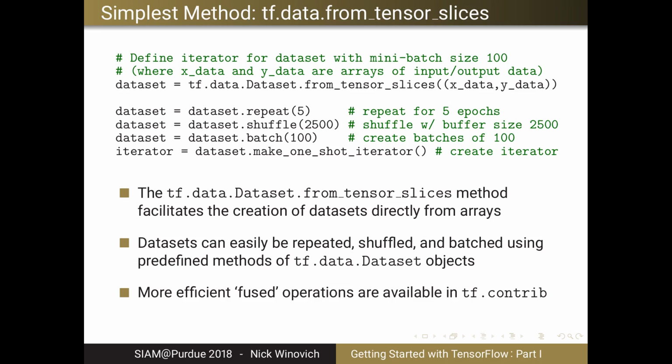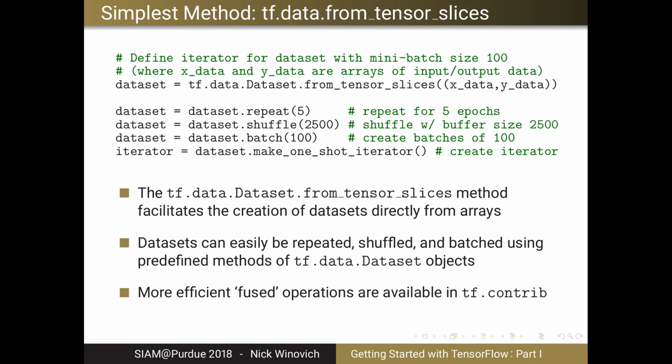So what we do here is we create our data from tensor slices. This is the not so efficient approach, or less efficient, but then we can repeat this data set 5 times if we want to train for 5 epochs, for instance, and then shuffle that data with a random buffer of 2,500 examples. So this is basically an indicator of how random the shuffling is. And for large data sets, you may need to keep that small, like 2,500.